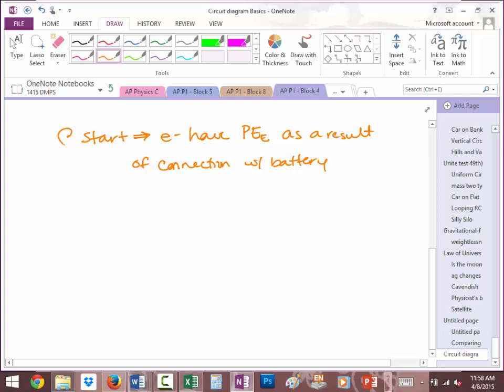And once the battery is connected so that the circuit is complete, those electrons "fall". I put that in quotation marks because they're not literally falling, they're falling through a loop.